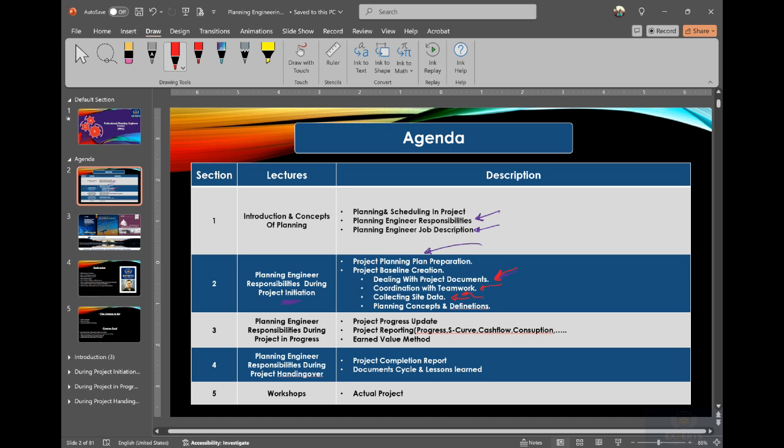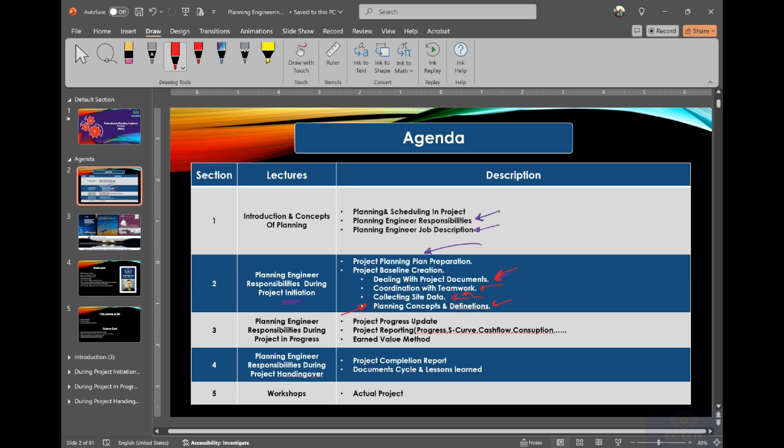We'll understand also planning concepts and definitions. This will be repeated during our course, and we'll find many definitions such as total float, free float, critical path, longest path, dynamic path, and all the concepts which we will understand through our journey in this course.